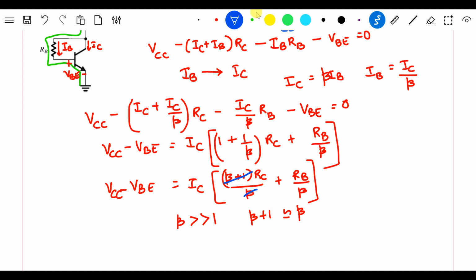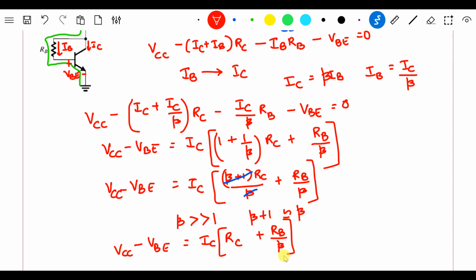So finally, I will be left with VCC minus VBE equals IC into RC plus RB by beta.